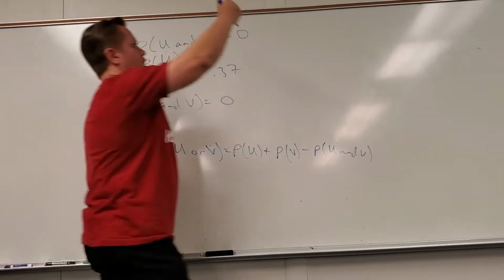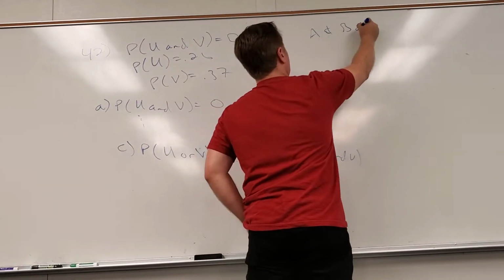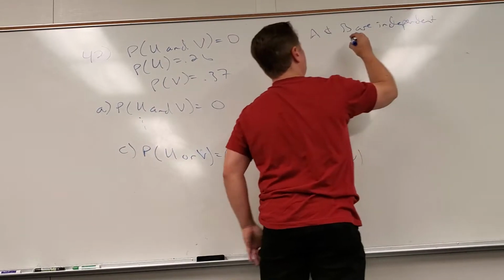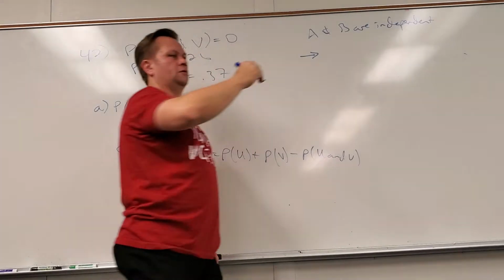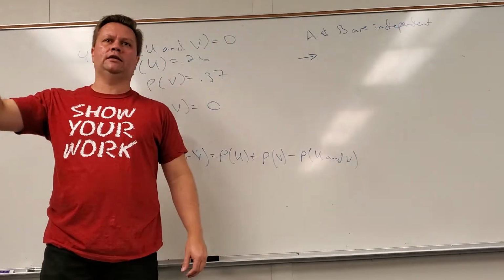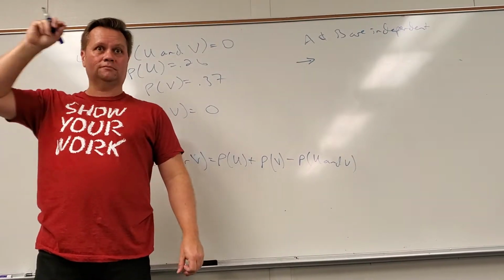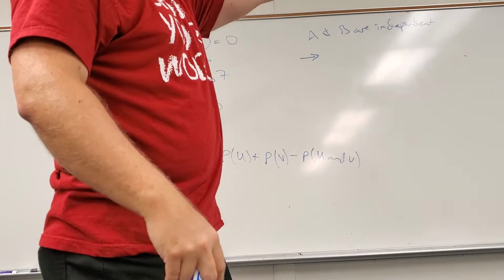All right. So, like 41, what's it mean for two things to be independent? If A and B are independent, what do we know? How do we check to see if two things are independent? Sorry, I'm looking at 41.